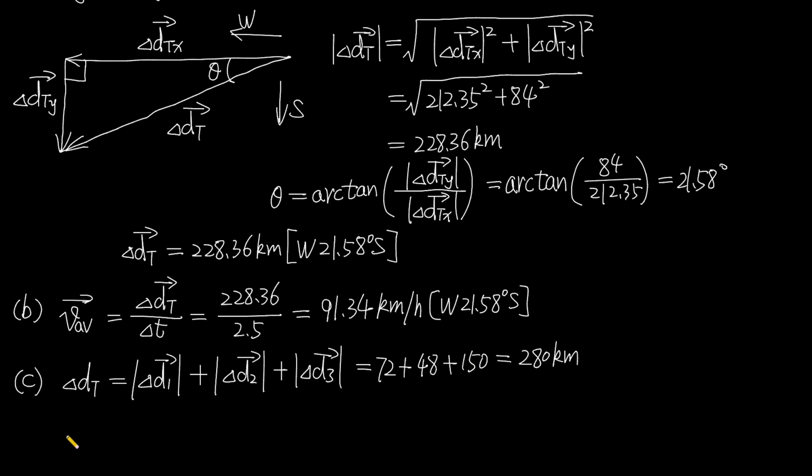Then the average speed just equals the total distance over time interval delta t and equals 280 over 2.5, and this equals 112 kilometers per hour.